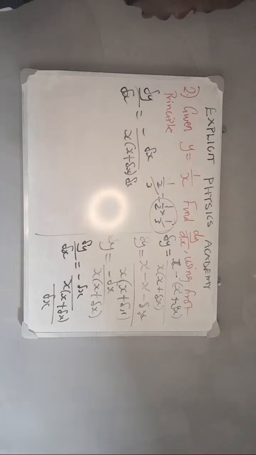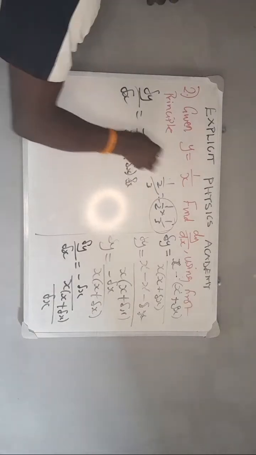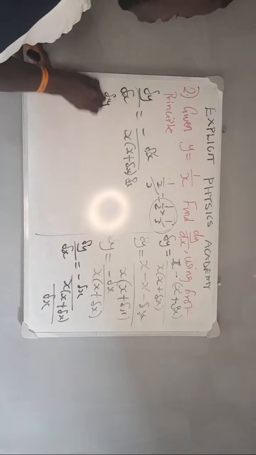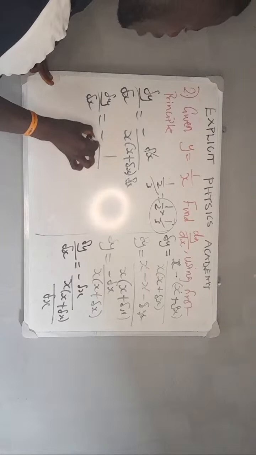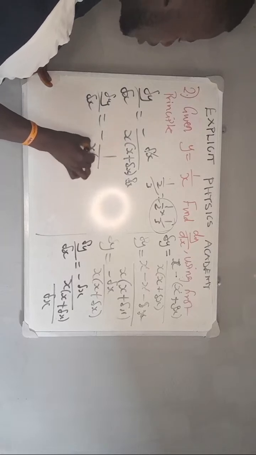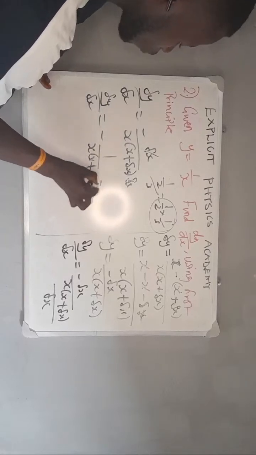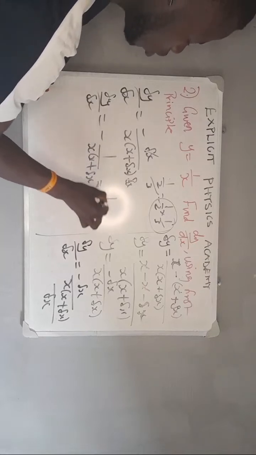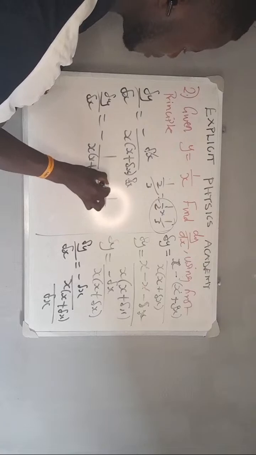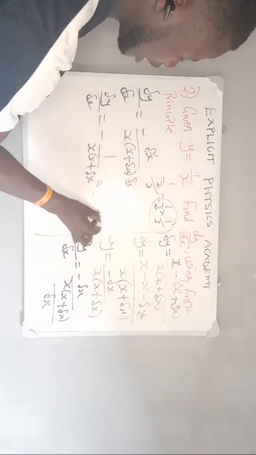All right, let's go on. So this cancels this. So we are going to have del y over del x equal to minus 1 all over x plus del x. Of course, if you multiply it all, we are going to have 1 all over x squared, there's a minus outside here, plus x del x.